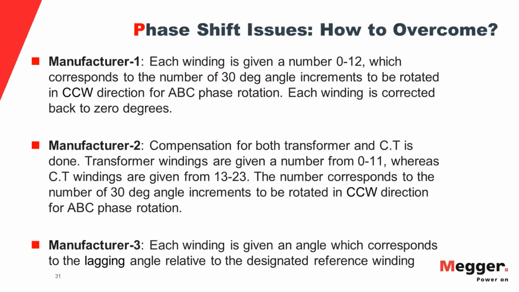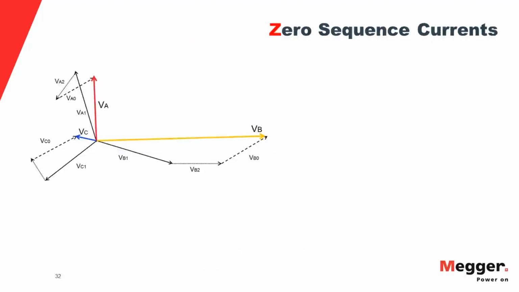So I've taken an example of an unbalanced fault vector, and according to Fortescue's theorem, any unbalanced vector can be resolved into 3 balanced vectors: positive sequence, negative sequence, and zero sequence, in order to have a better understanding of what the fault is. So we'll not go into detail on the symmetrical component theory. I just want to focus on zero sequence currents.